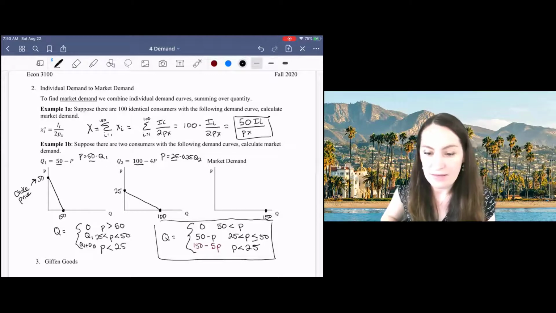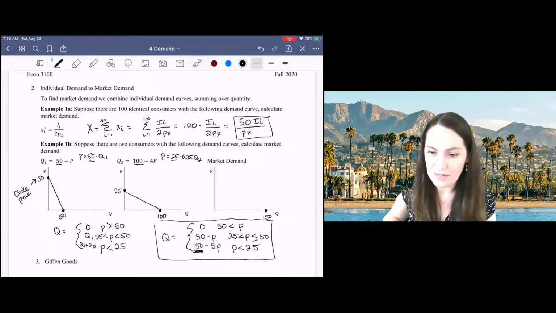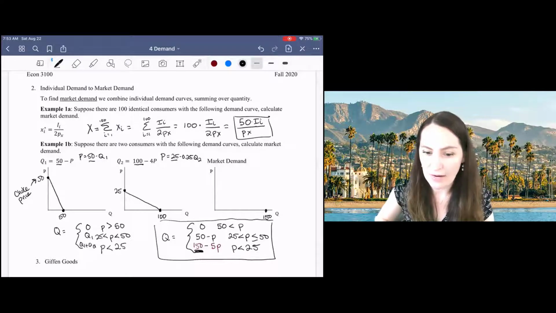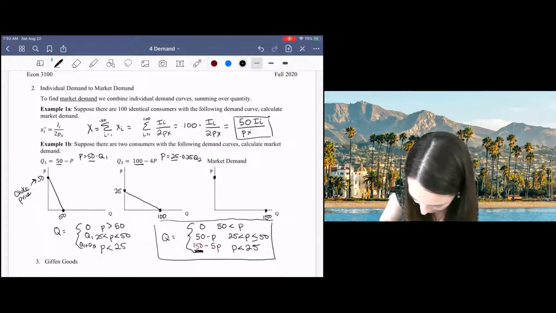And so again, you can see that my x-intercept is 150. Demand goes to 0 at 150. And the y-intercept here is going to be 50.